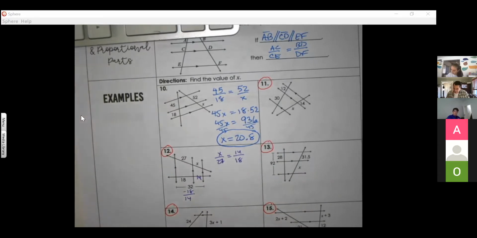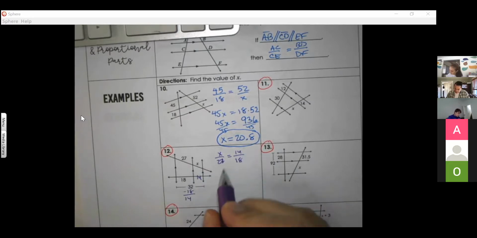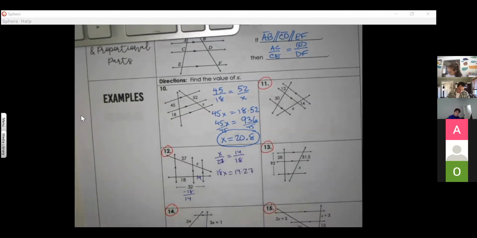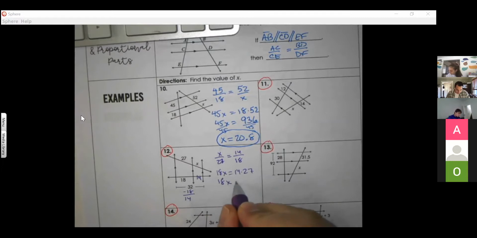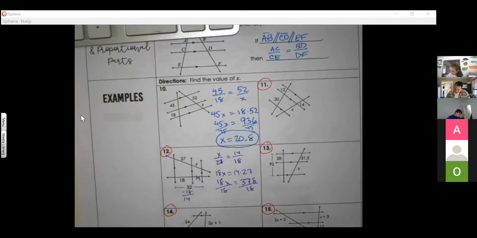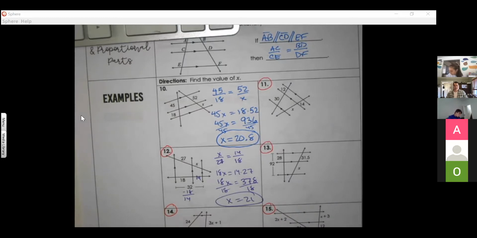It's exactly right. So you'd say x is to 27 as 14 is to 18. Cross multiply, and you get 18x equals 14 times 27. Use my calculator to see what 14 times 27 is. 378. Divide by 18, and I get x equals 21. Easy peasy.